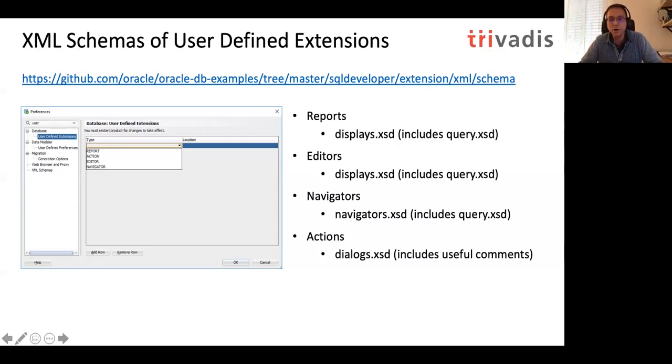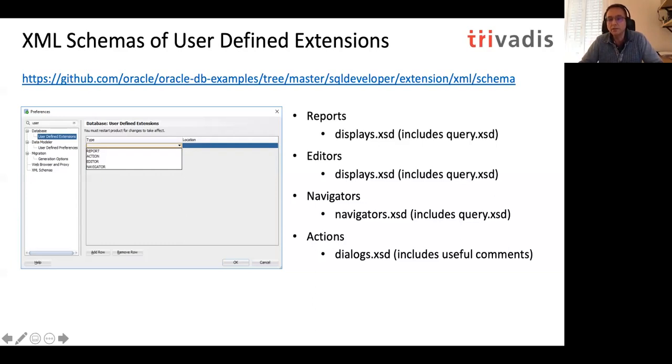Then we have two others. Navigators: when you have the connections window, you have the possibility to add there an additional node, a recursive node in fact, and it's a bit different. But it also includes a part, a subschema called query XSD, which is also used here.